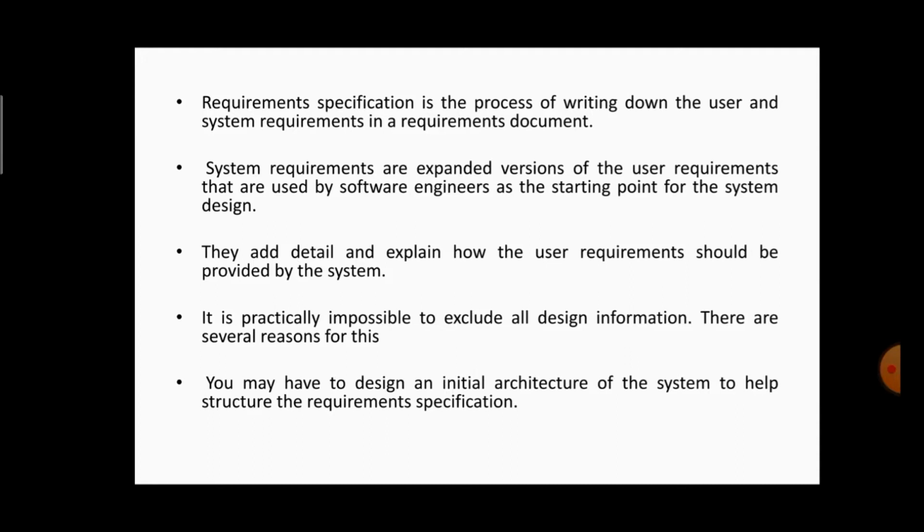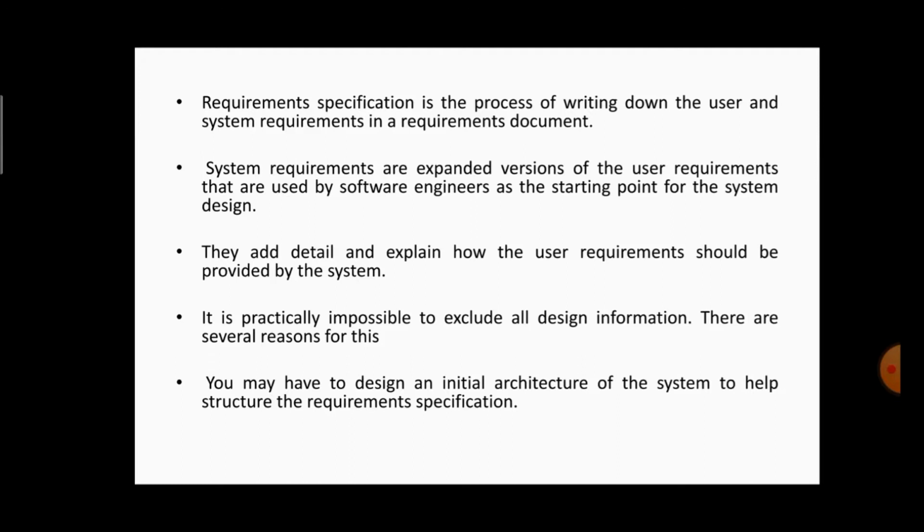Next, they add detail and explain how the user requirement should be provided by the system. Obviously, in the design process they will add some extra details to that requirement and convert those requirements into diagrammatic format. We can easily understand the requirements if they are in diagrammatic formats.